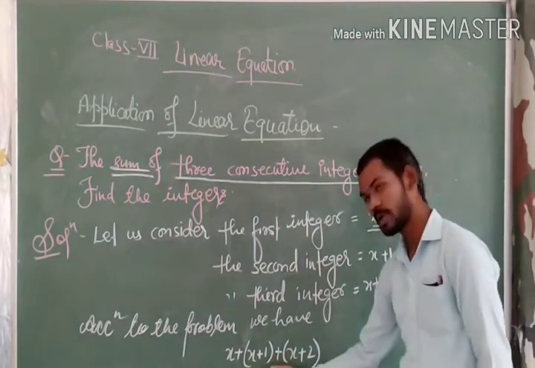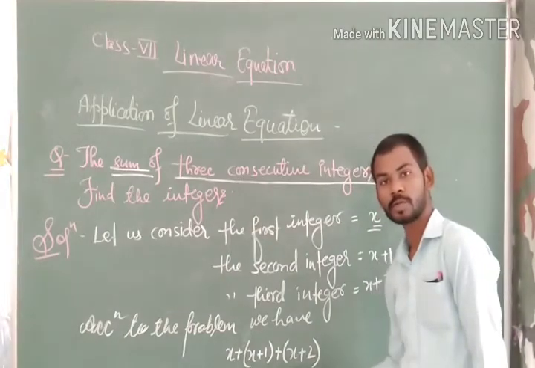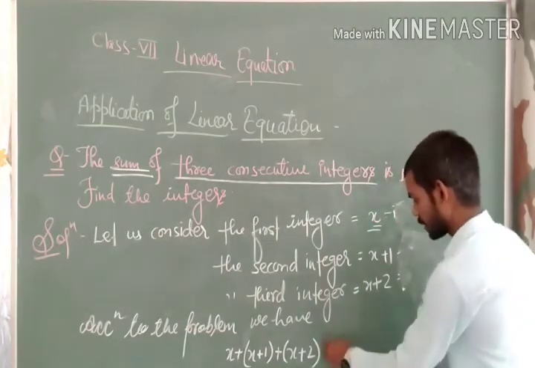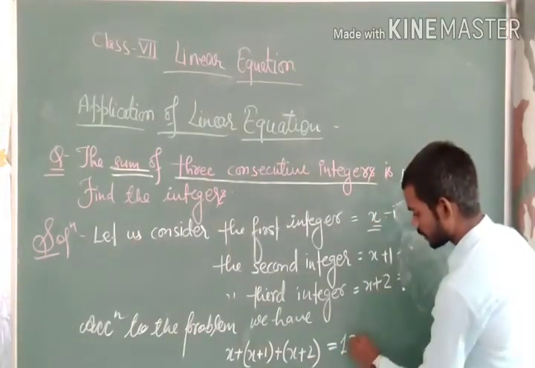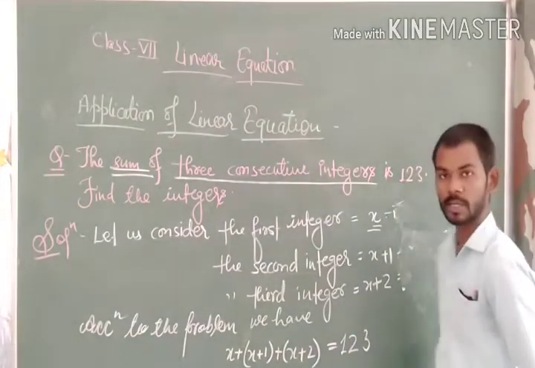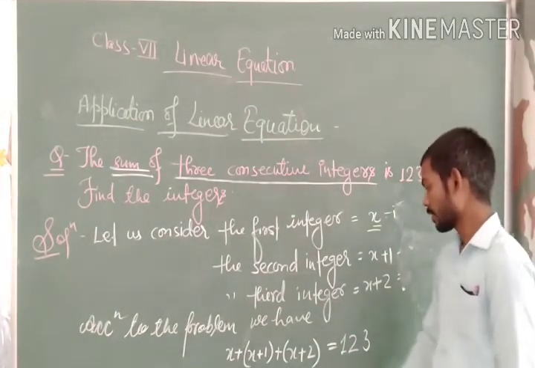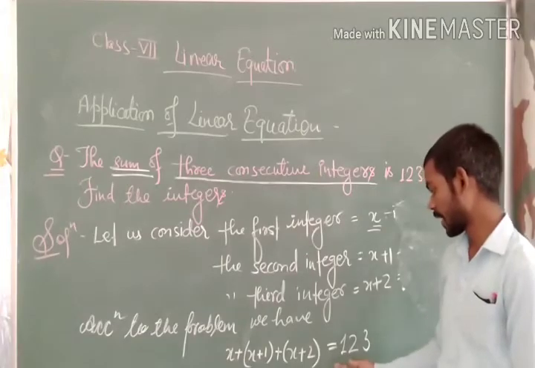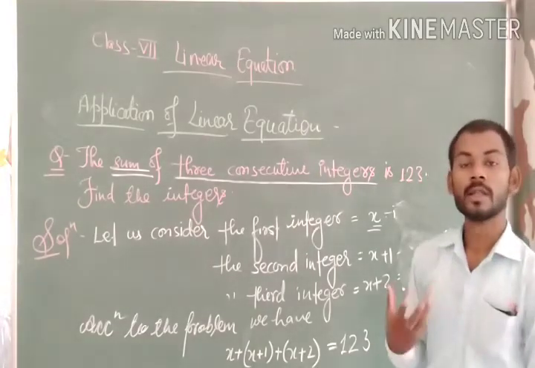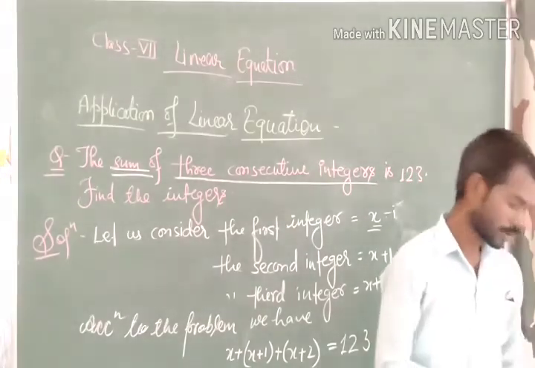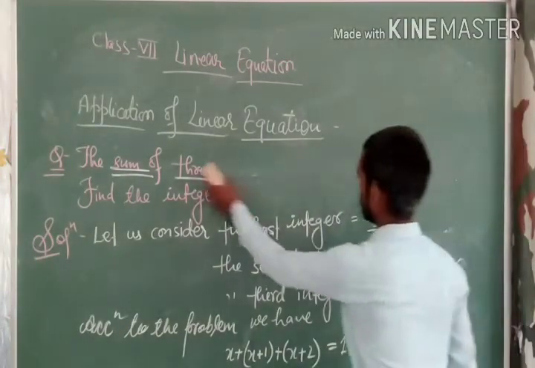This is the sum of three consecutive integers, and this is equal to 123. Now we add this and we will get our linear equation. So let's see.